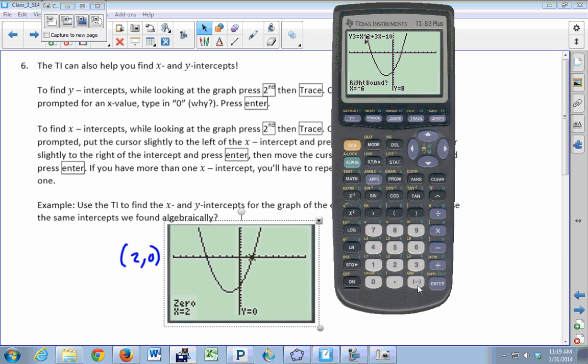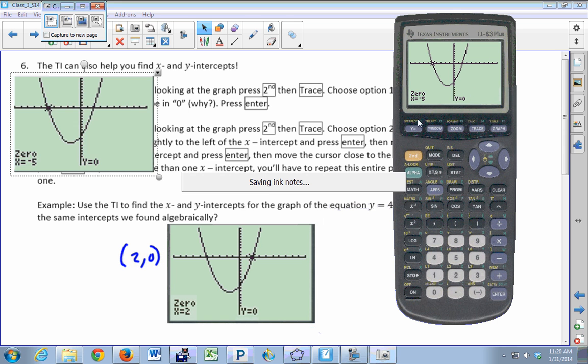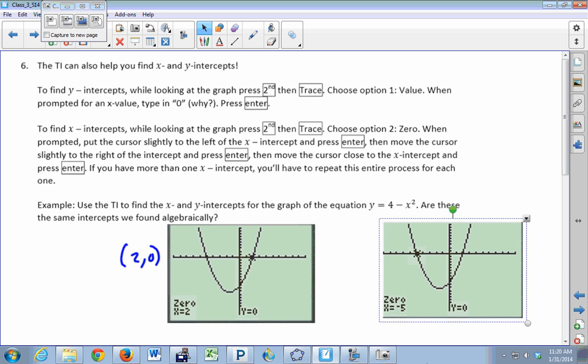Oh, -3 looks pretty good. Hit guess, hit enter, and it calculates my other x-intercept for me. So you can play around with the cursor if you want, like the instructions say, or you could use this particular method. One of my students showed me how to do this, and I was forever grateful. So there are the 2 x-intercepts.